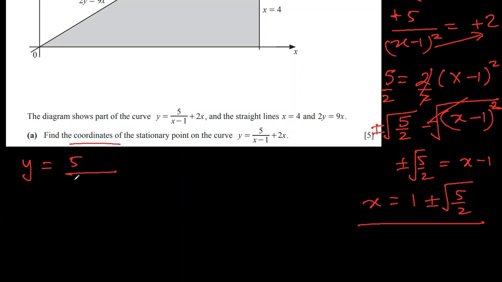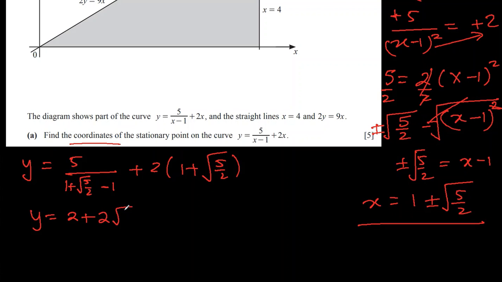Let's put 1 plus square root of 5 over 2 in place of x. Let's put this in our calculator, we'll get the y coordinate. I got y equal to 2 plus 2 square root 10.